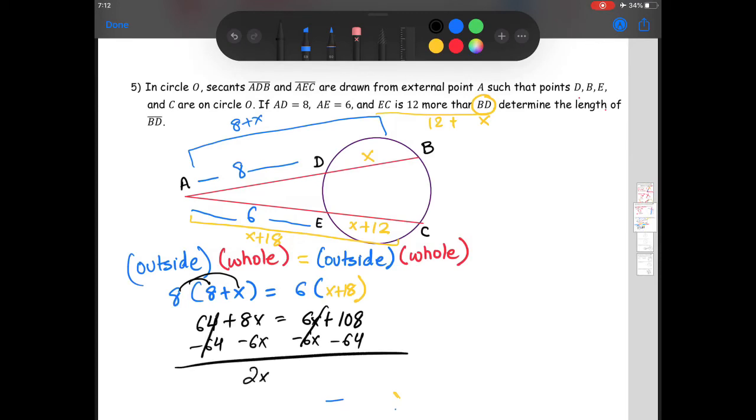I'm left with 2x is equal to 44, right? Divide by 2, and x is equal to 22. So my x is 22, and is that what I'm looking for? I want to find BD. Yes, BD is x. So in the end, rewrite it. Segment BD is 22.